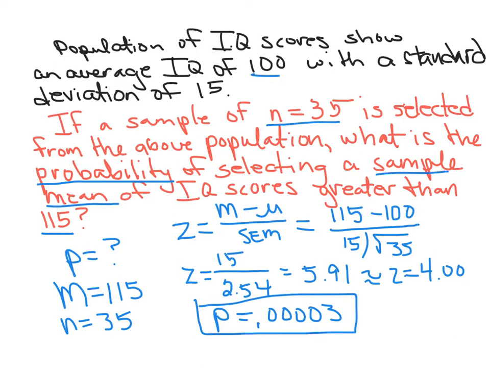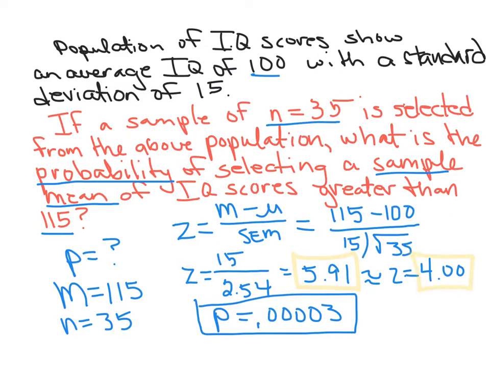Hopefully this made sense as far as why I went with the z-score of 4 when the actual z-score was 5.94. It is merely because in your textbook the highest z-score they have is 4.